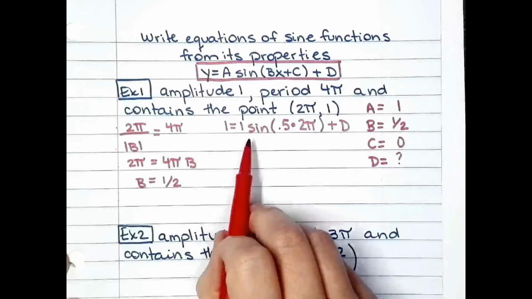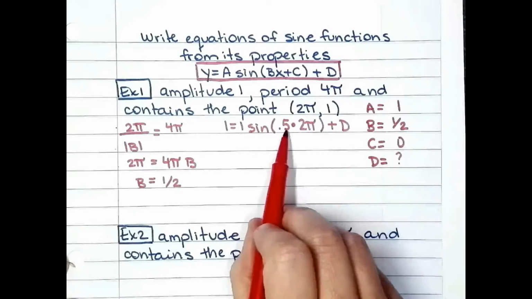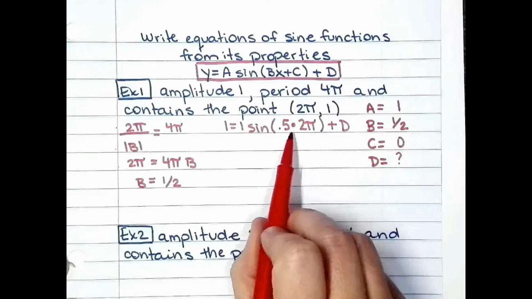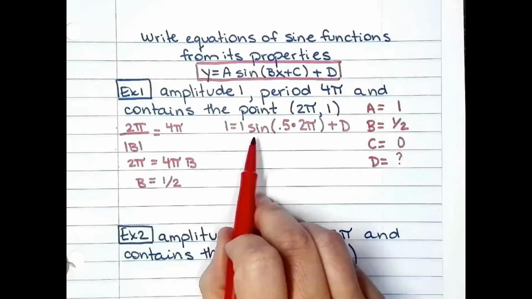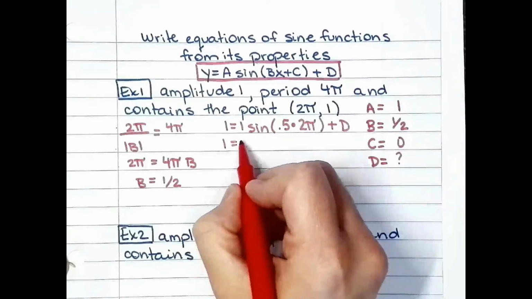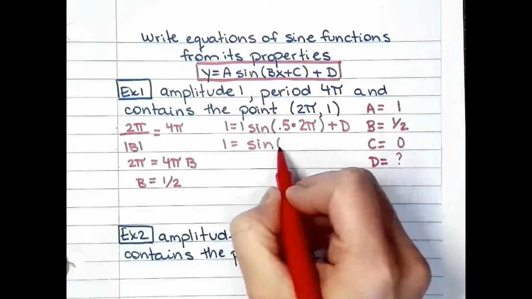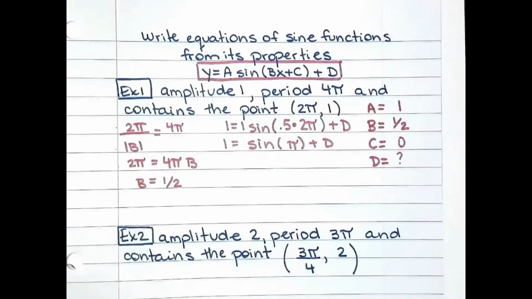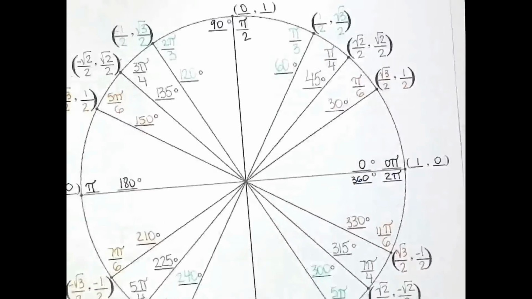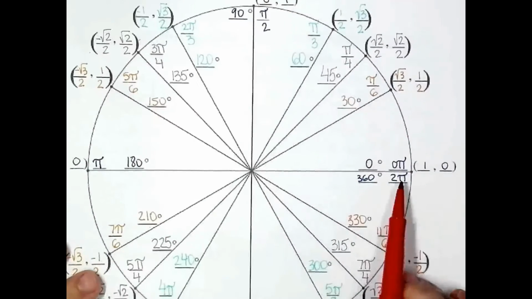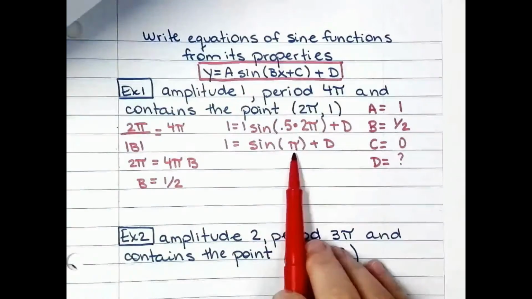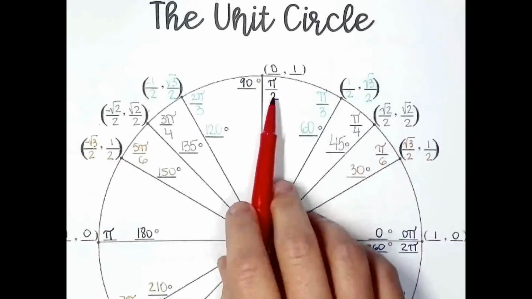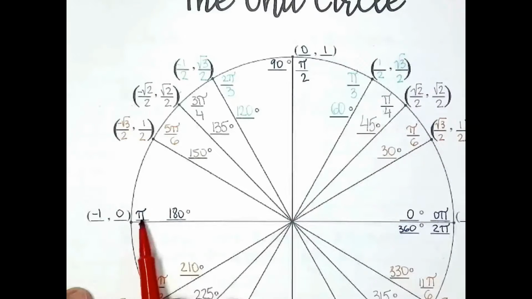Now, half times 2 pi is 1 pi. So I need to find what sine of pi is. Handy dandy unit circle right here: 0, half pi, 1 pi.